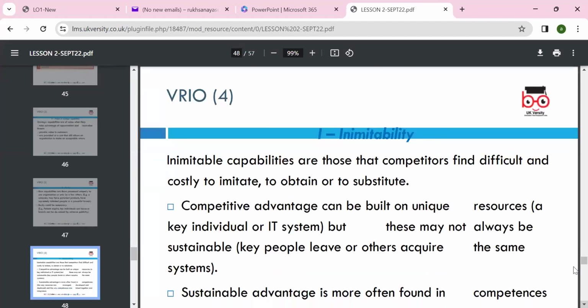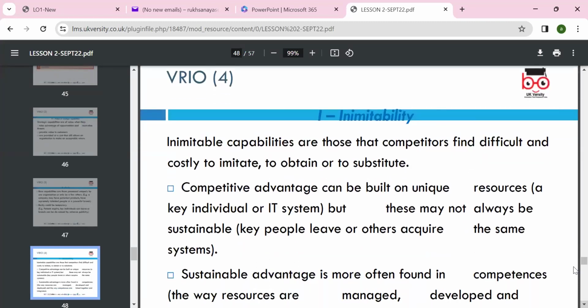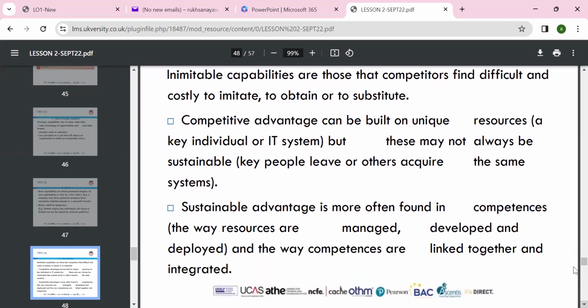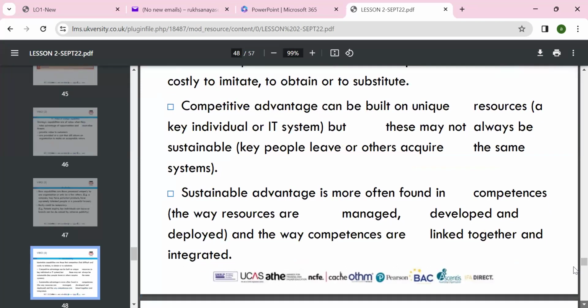Okay, so we can look at inimitable capabilities. These are capabilities competitors find difficult and costly to imitate or substitute, and competitive advantage can be built on uniqueness, like key individuals and IT systems. These can affect sustainability; if people leave the organization, then it's difficult.